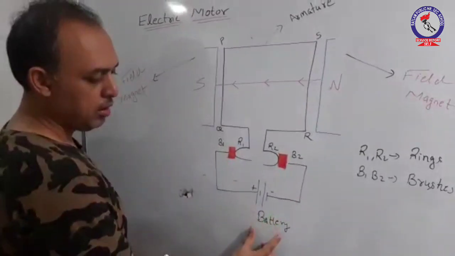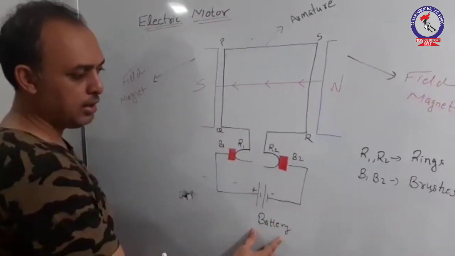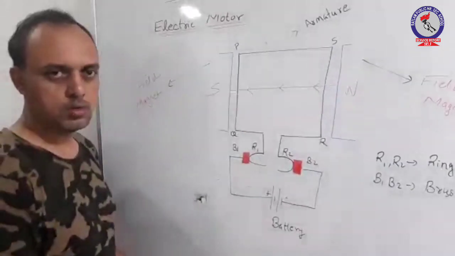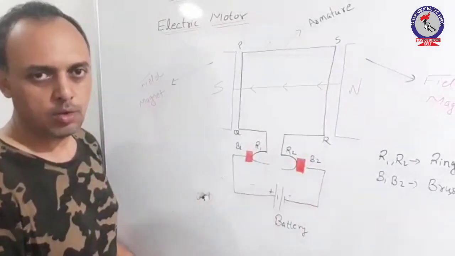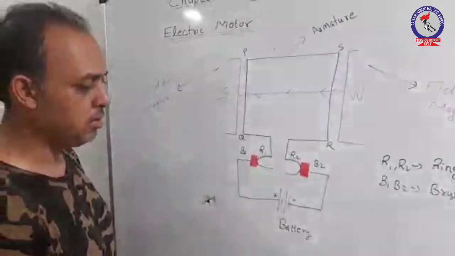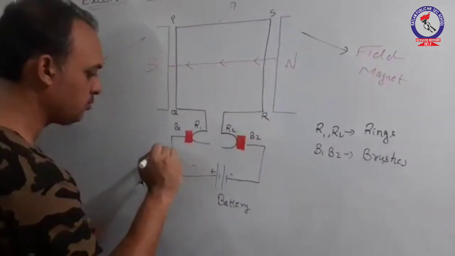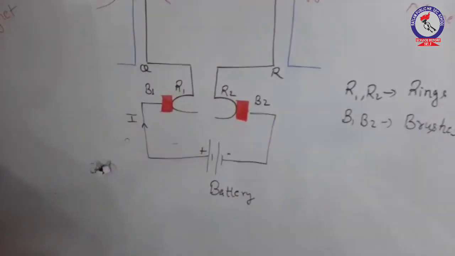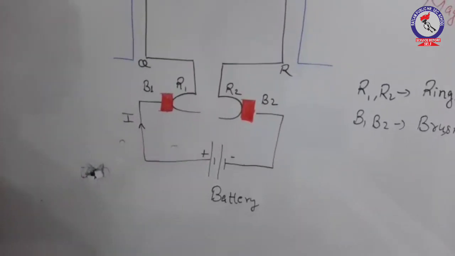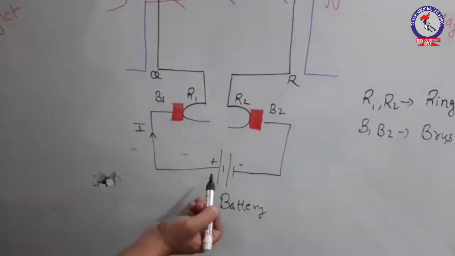As you can observe, a small battery is connected. This battery is the source for giving a certain amount of current. Let us suppose this battery is in working condition and giving a current I. Let us observe the direction of current in the armature.